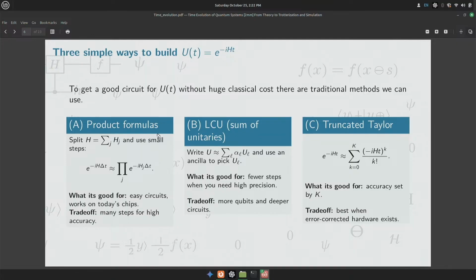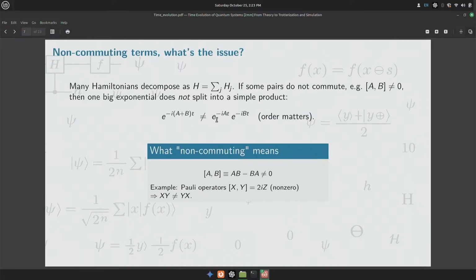So these are some of the traditional methods. One is trotterization product formulas. One is linear combination of unitaries, which is the sum of unitaries, and another one is the truncated Taylor series. But in my presentation, I'll be mostly speaking about the product formula, focusing on Suzuki-Trotter decomposition.